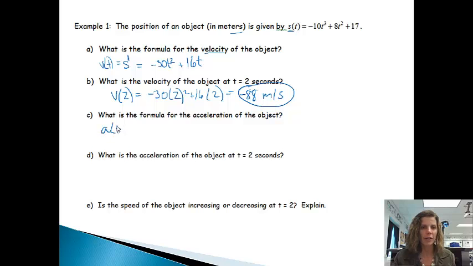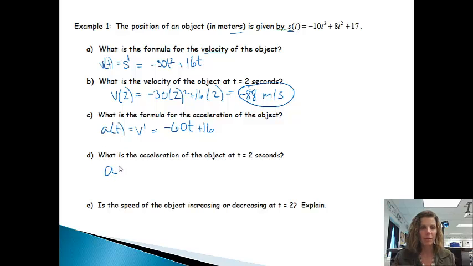Next, what's the formula for the acceleration of the object? To get to acceleration, it's going to be the derivative of the velocity. Coming back up to the velocity equation, bump that 2 out front, and I'll get negative 60t plus 16. So that's my acceleration formula. Then for part D, it says, what is the acceleration of the object at t equals 2?